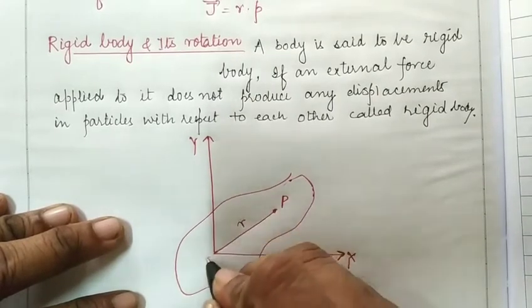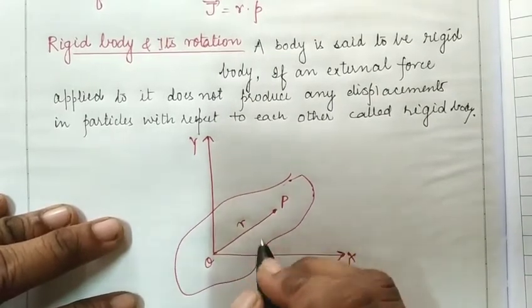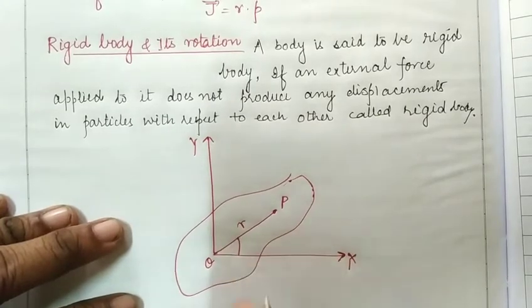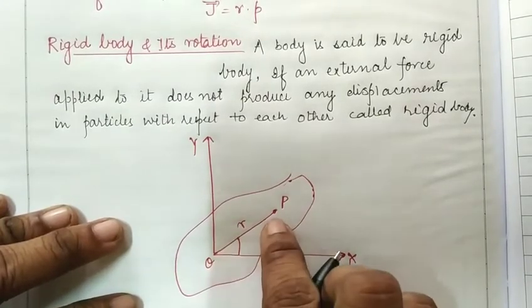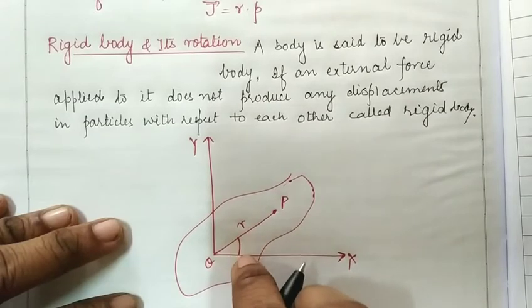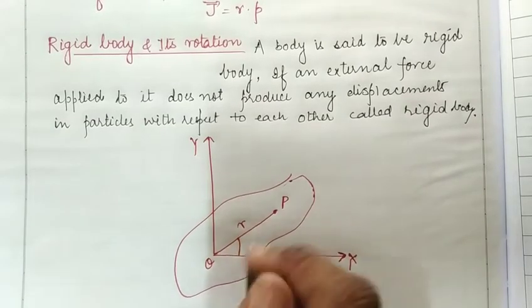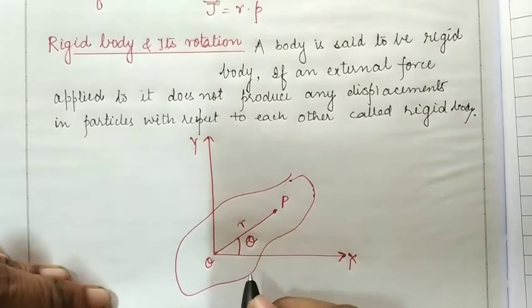Here you can see that this is the x-axis and this is the particle P. So the angular displacement from the x-axis to the particle P is, let us suppose, theta.